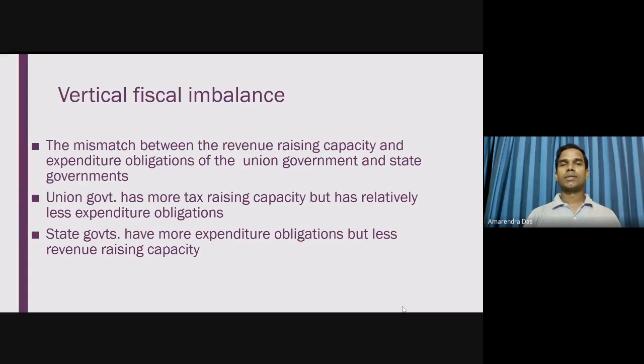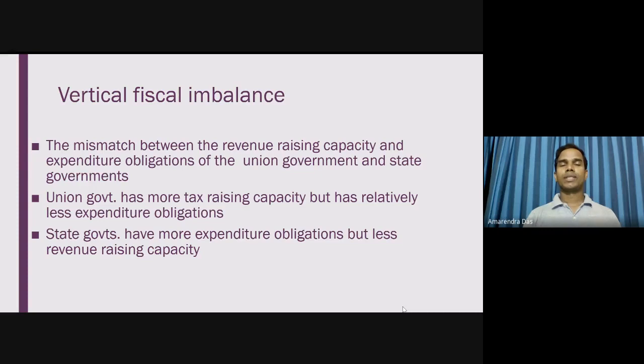Similarly, what all taxes can be collected by the union government. So both revenue raising capacity of the union government and expenditure obligation of the union governments are enlisted in the union list. Similarly, when you look at the state list, in the state list, the revenue raising capacity of the states as well as the expenditure obligation of the states are described.